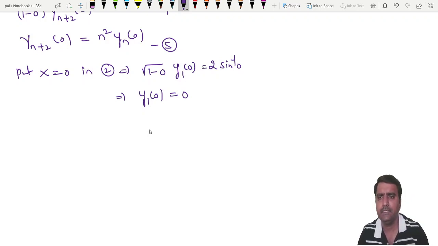Okay, so to find y2 of 0, put x is equal to 0 in equation 3.